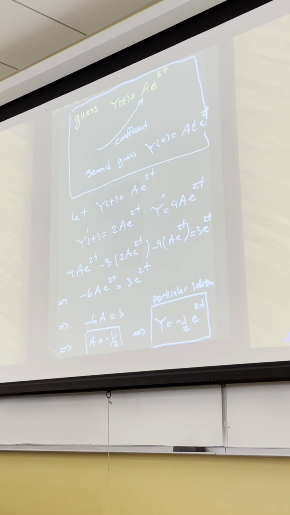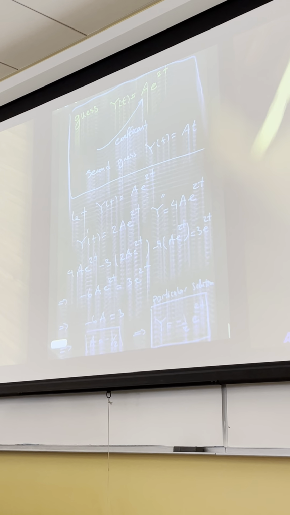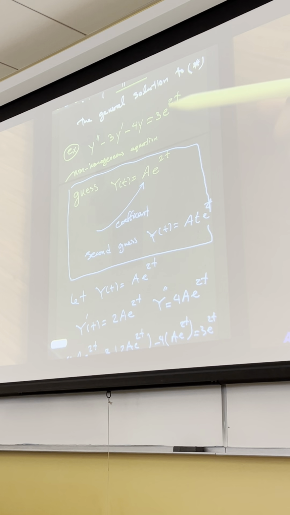Okay, so again, we had this differential equation that is non-homogeneous, which means its right-hand side is non-zero. You know how to solve the homogeneous part. We'll do that very soon.